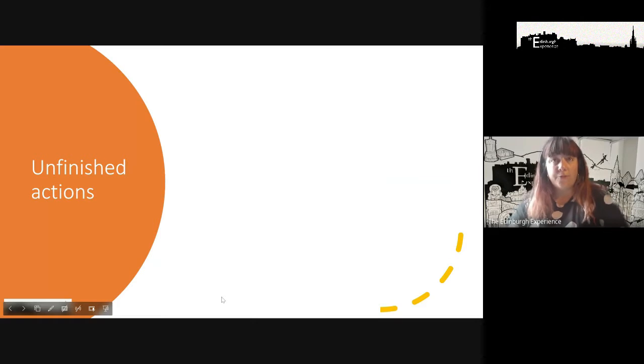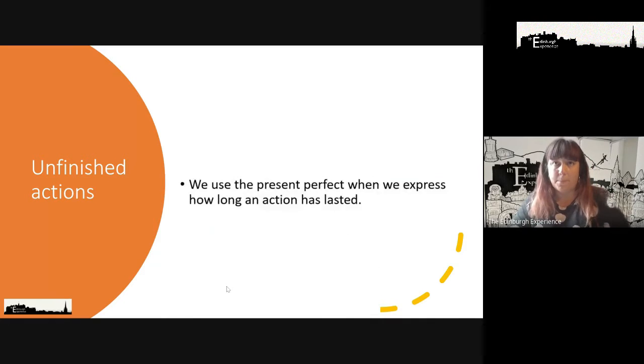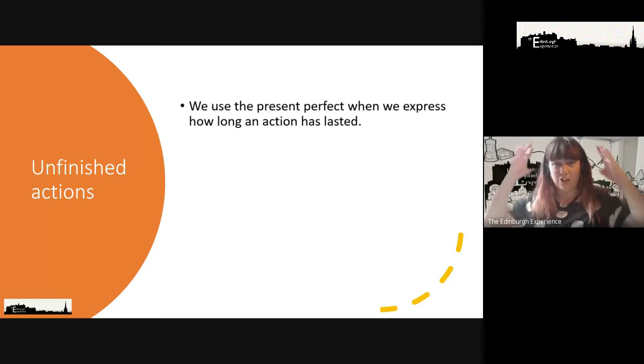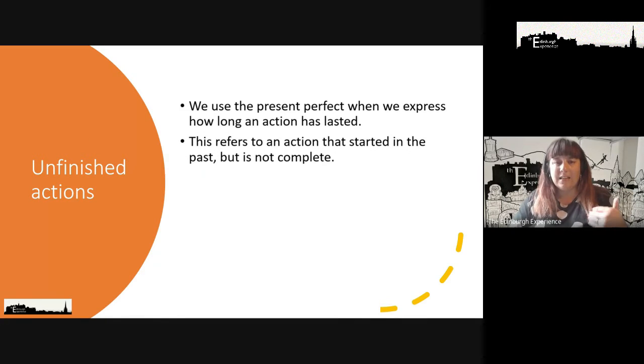So if we talk first of all about unfinished actions, because this really just has one use. If I use the present perfect to express an unfinished action, that's when I'm describing how long this action has lasted, okay? And we're referring to an action which began in the past, but it's not complete.